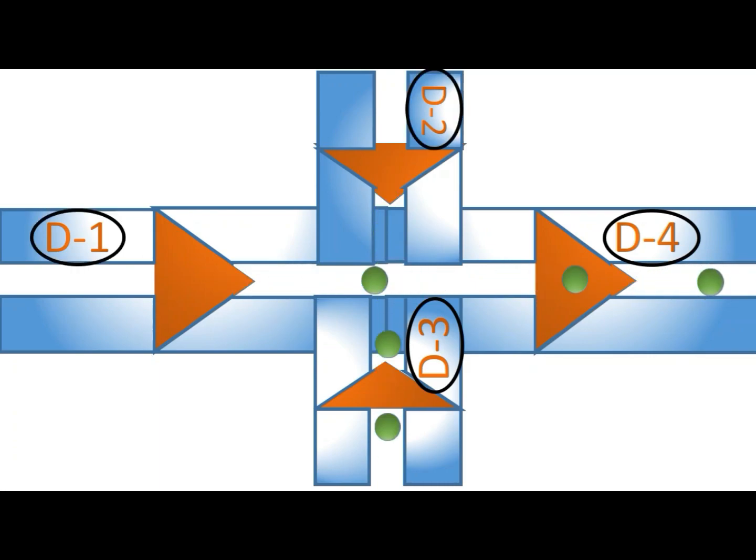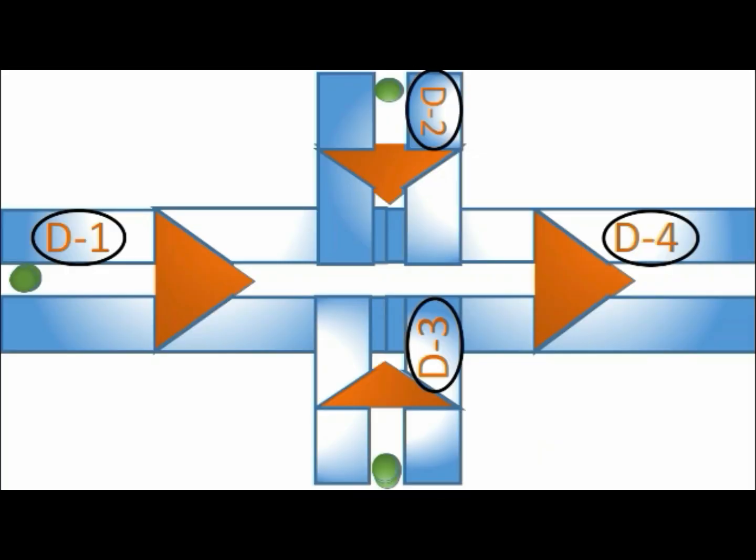Now D3 and D4 are forward biased, D1 and D2 are reverse biased. In this way, current can be controlled by changing direction.